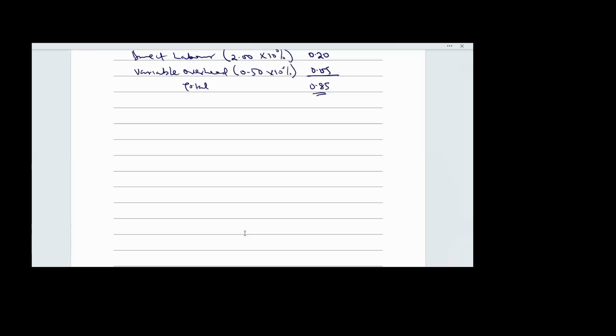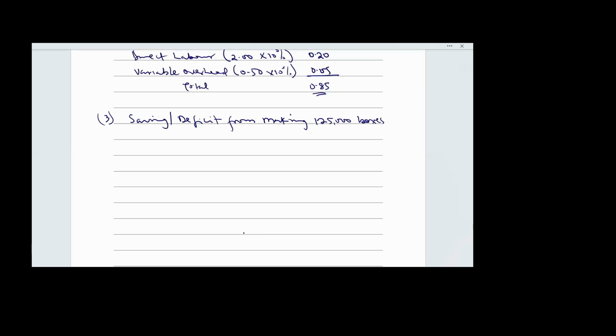So in this case, what are we supposed to do? Without wasting time, I'll just say number 3, saving or deficits from making 125,000 boxes.